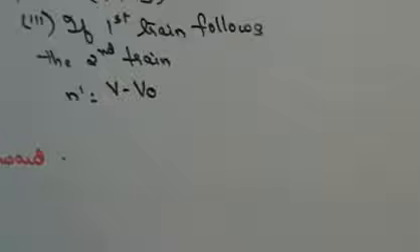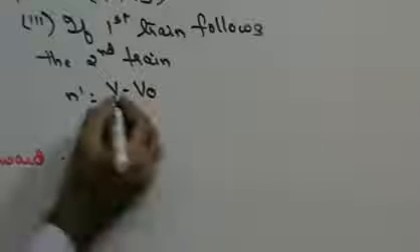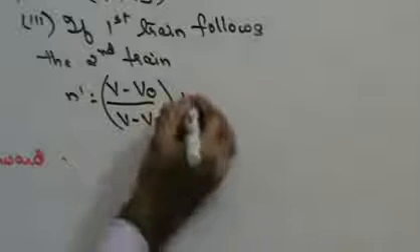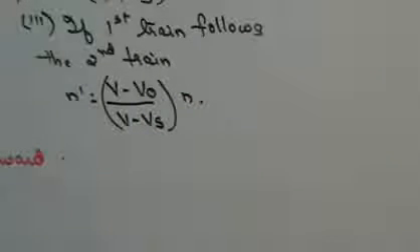The first train is following the second train, which means the source is moving towards the observer. That means this will be V minus Vs into N. Right? Next, fourth part of the question.